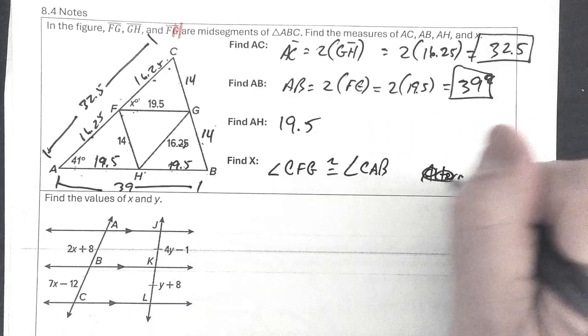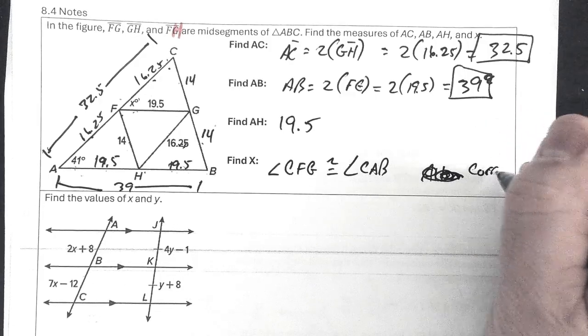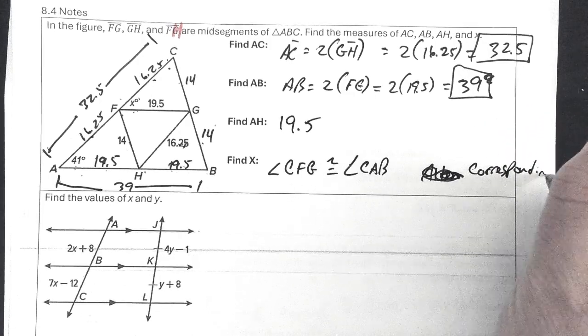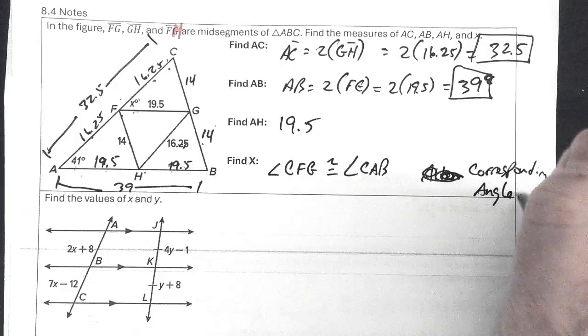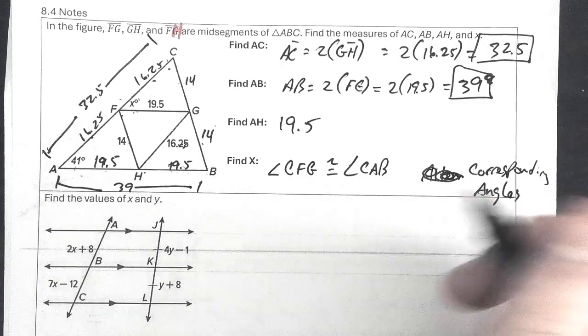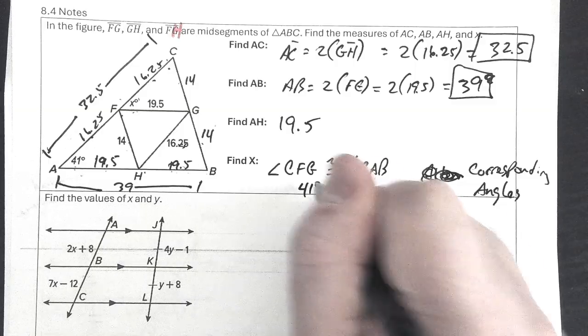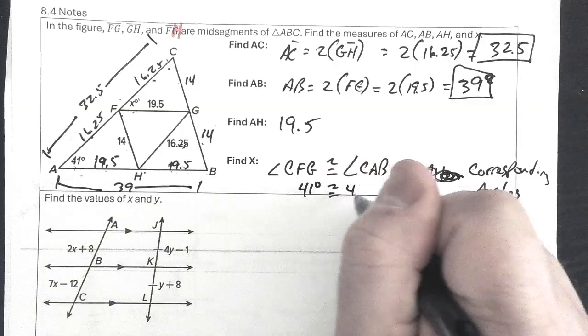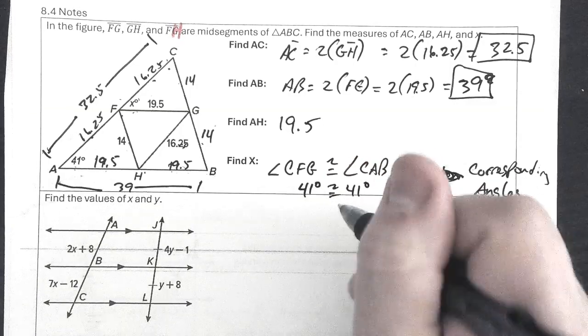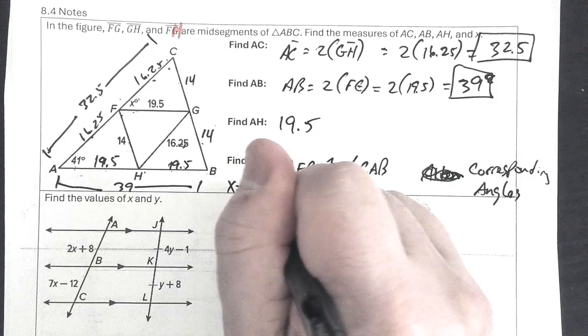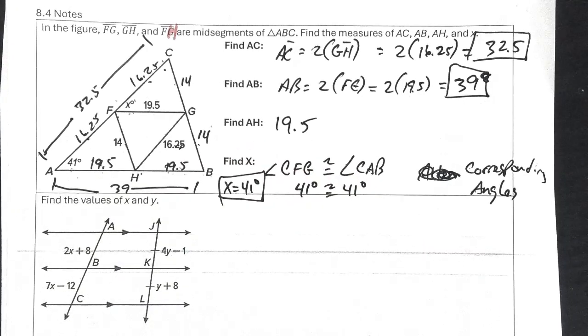Well, no, I'm sorry, they're corresponding angles. So, because this one equals 41 degrees, the other one equals 41 degrees. And that means X equals 41 degrees. Okay.